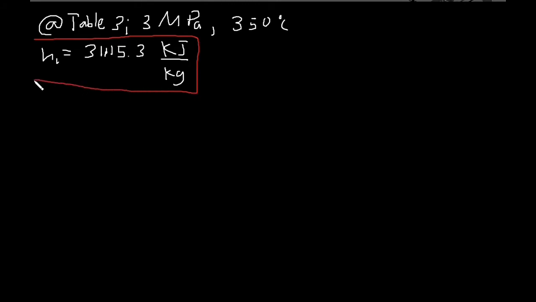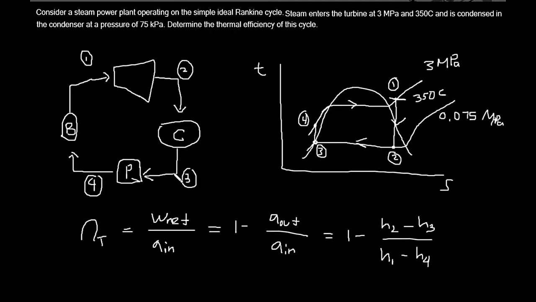We need 4 enthalpies because there are 4 states. Now, in order to solve state 2, we can get the entropy of state 1. The entropy of state 1 is equal to the entropy of state 2 because this is an isentropic process.